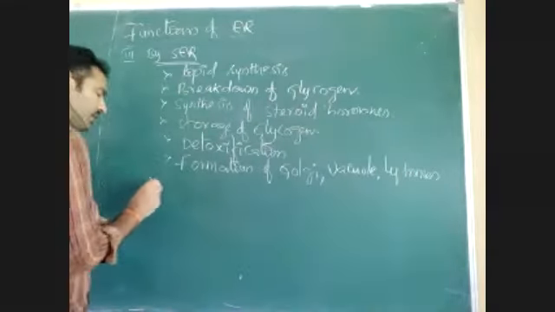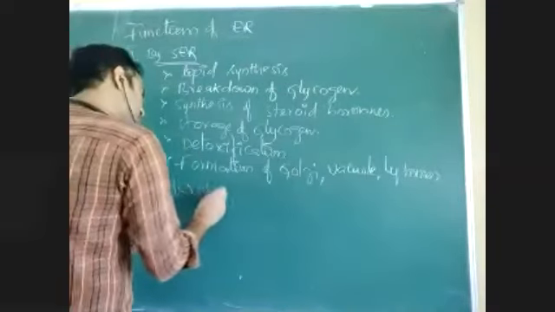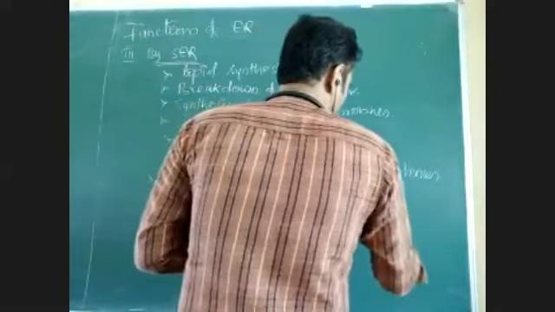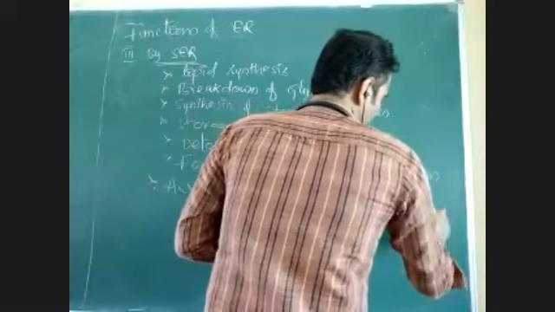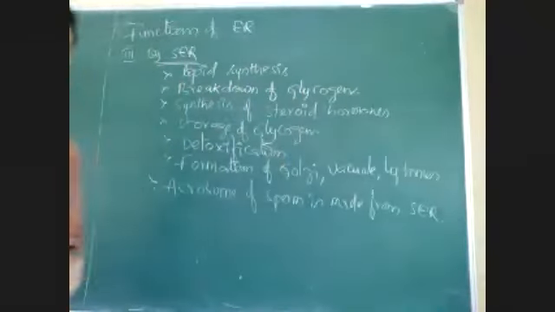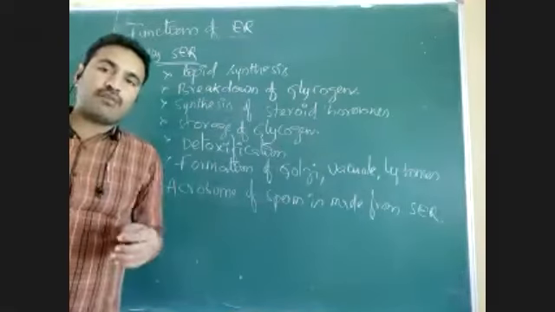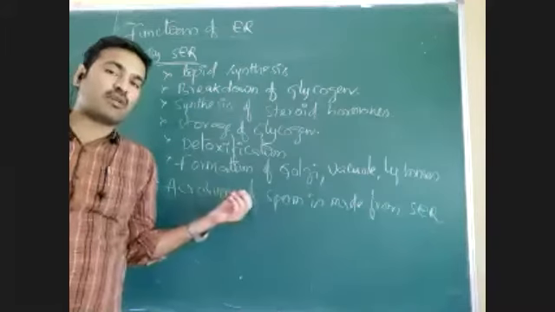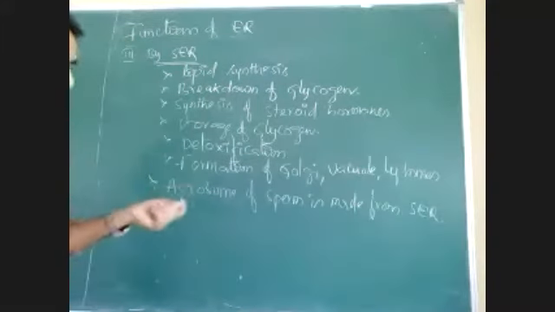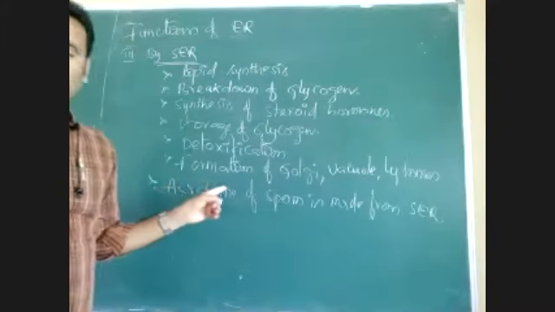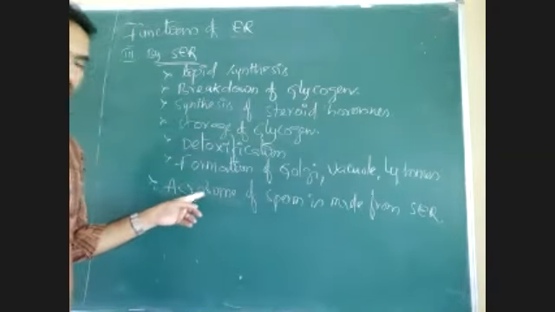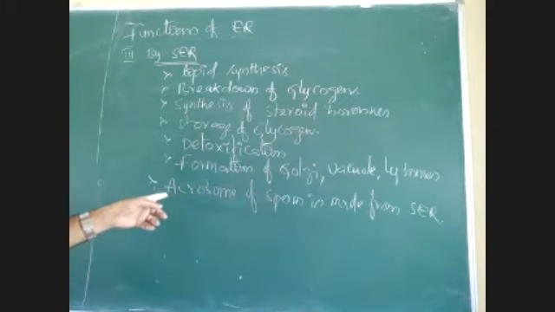And another function, acrosome of sperm is made from SER. Sperm, which is the male gamete, has one structure called acrosome. That acrosome of sperm is made from smooth endoplasmic reticulum.